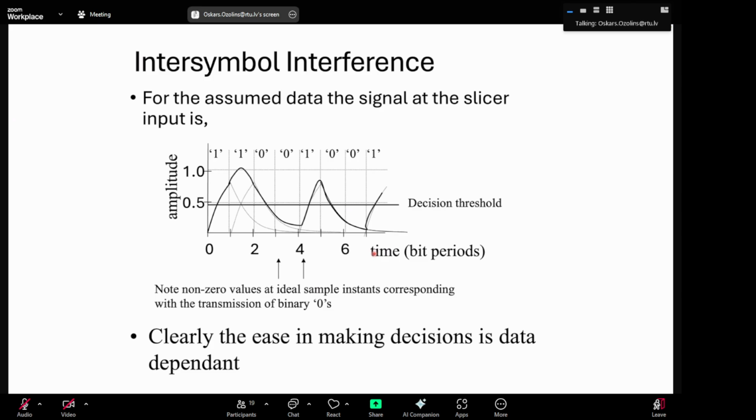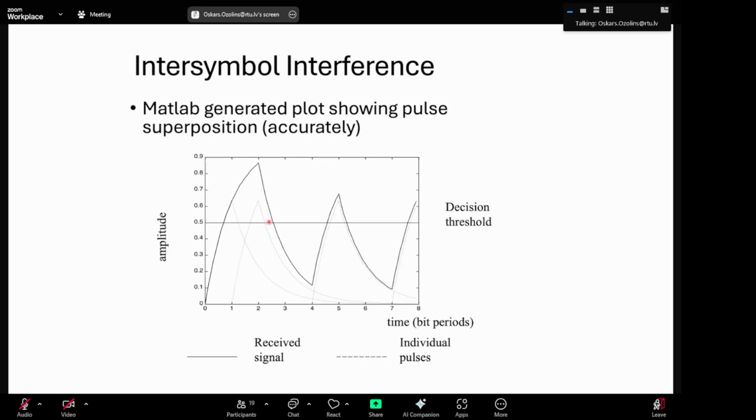And yeah, what you can do, I think here is also a bit about how it impacts the timing recovery, timing instance, where you have them, and how you can decide that, right? Okay, so here is another representation of this, where you get a received signal, and then you get individual pulses for ones and zeros.